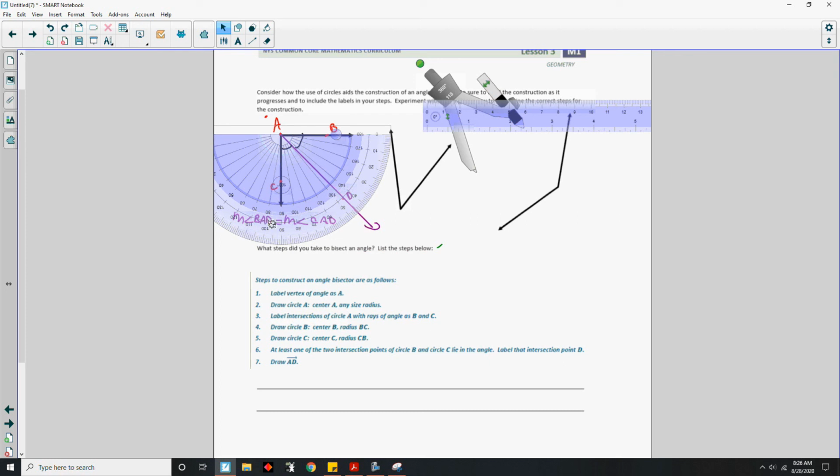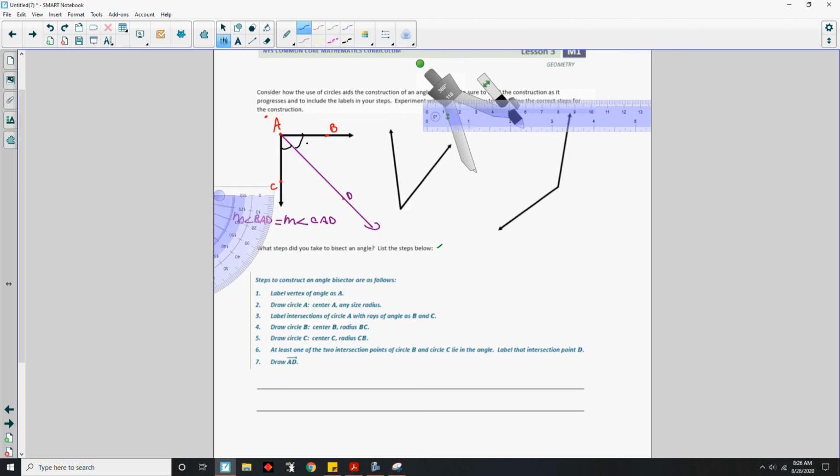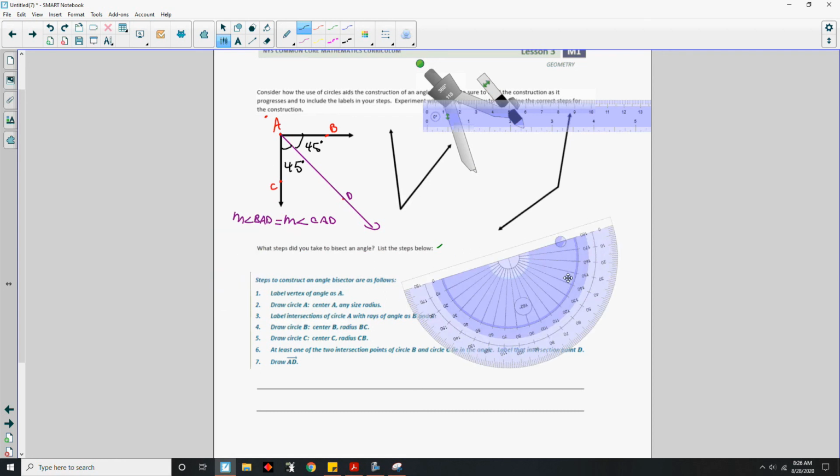So this is a 90-degree angle. As you can see, it's pointing at 90 right here. So half of 90 is 45, so this side's 45 and that side's 45. So using my protractor, I actually found the measures of the two angles, and they are both 45 degrees. Okay, so I'm not going to measure them again, you get the idea.